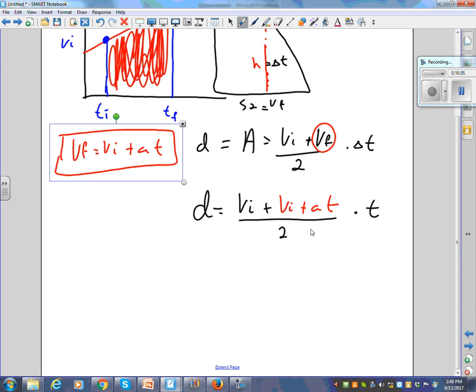So I'm going to throw in an intermediate step, and instead of divided by 2, I'm going to have 1/2, and use the dot for times. All I did was take the divide by 2 and factor it out, and now I'm going to write that as VI plus VI is 2VI.